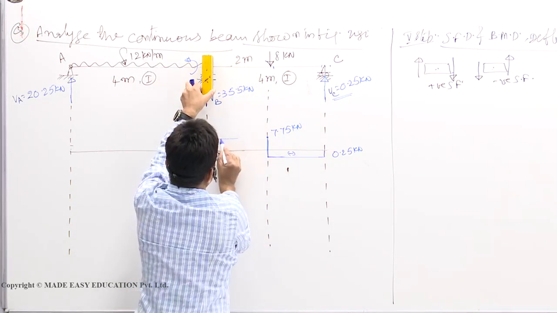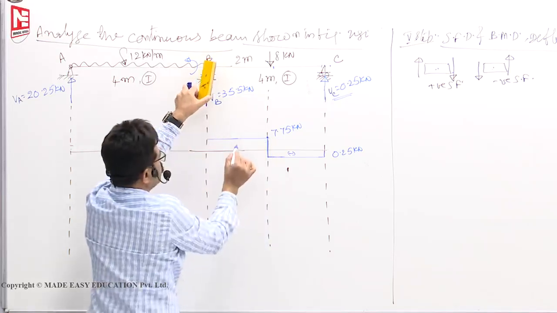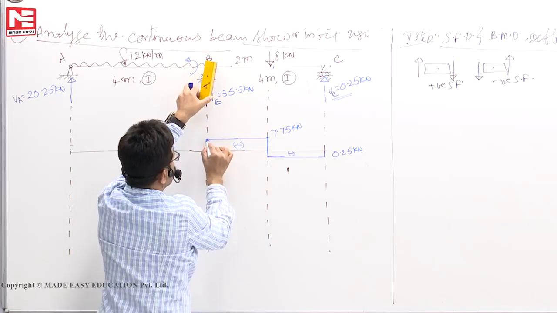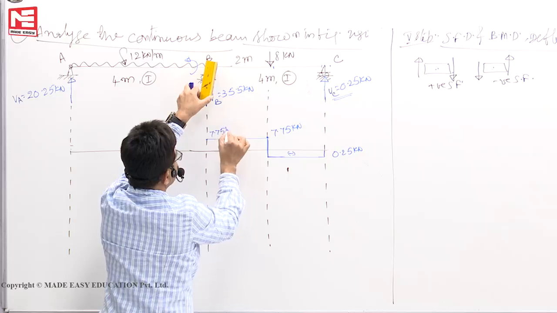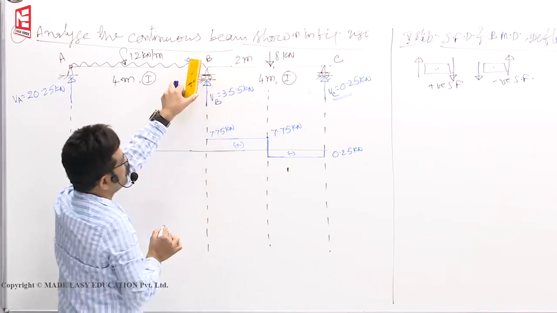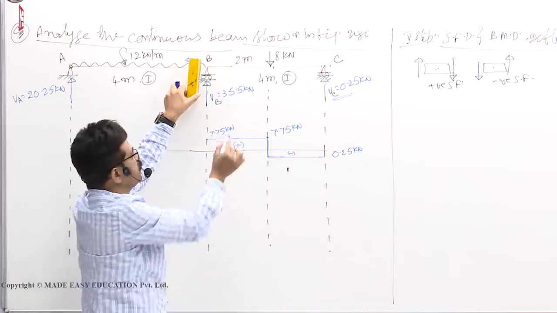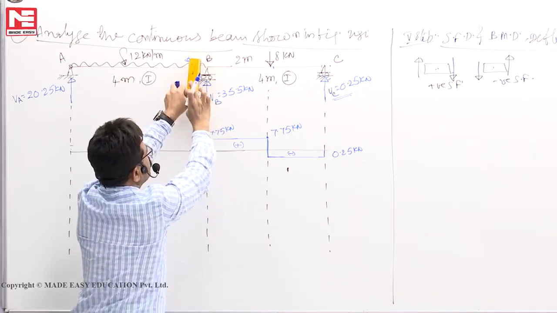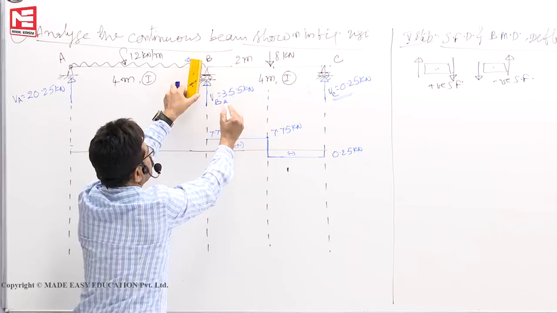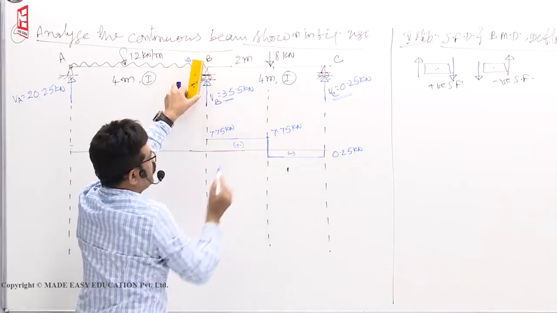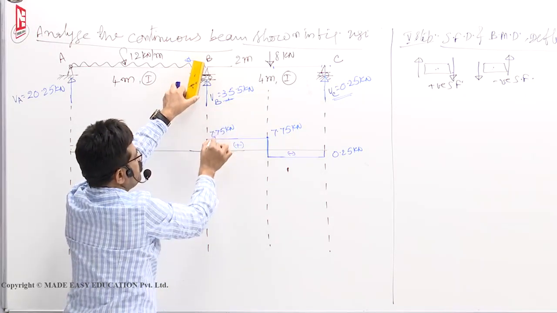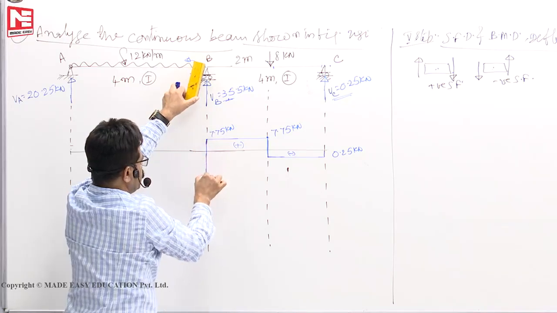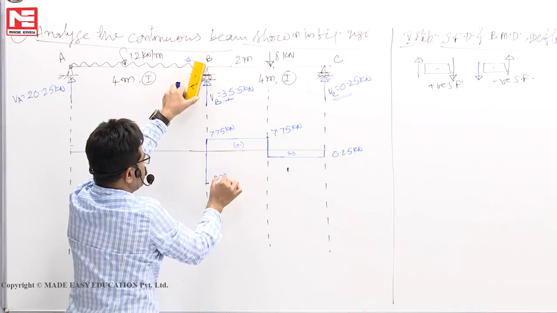And this will go up to like this, same value, positive 7.75. Now cross the point load, upward reaction 35.5. Suddenly there appeared this load, stop there, manage. Section right side upward, this much. That means minus 35.5 plus 7.75, you will get minus 27.75.